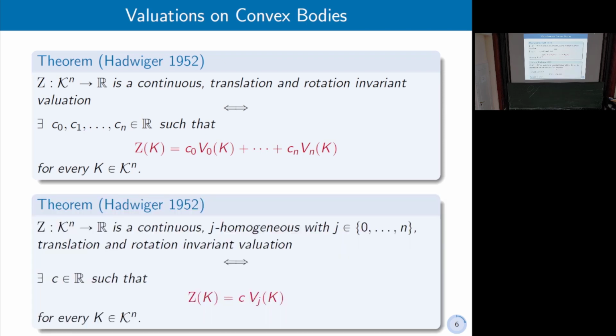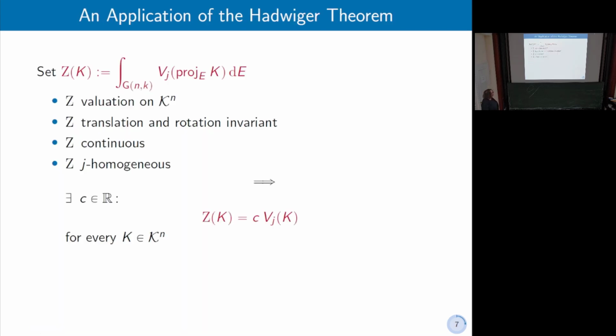And moreover, the trivial consequence of this, if you know that the function is in addition j-homogeneous, it's just a multiple of the j-th intrinsic volume. Which means for our question, that our functional is a multiple of the j-th intrinsic volume. So the only thing that we have to determine is this one constant. And you can determine it by plugging in, let's say, the ball. So that's an easy task now.